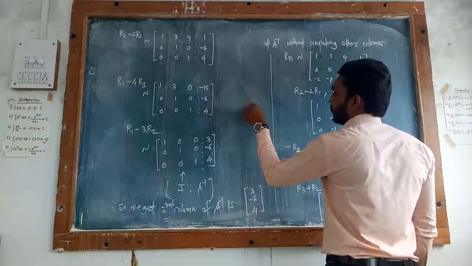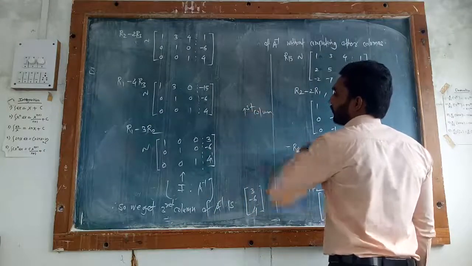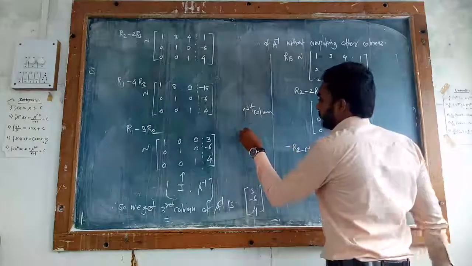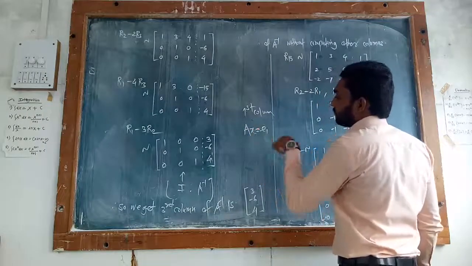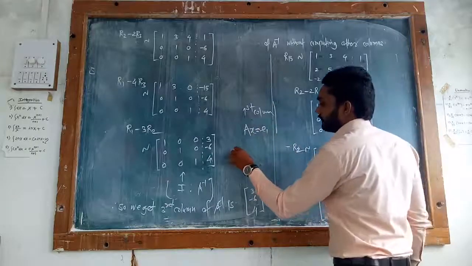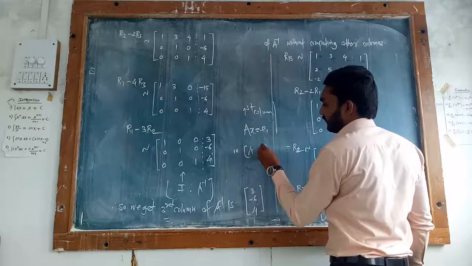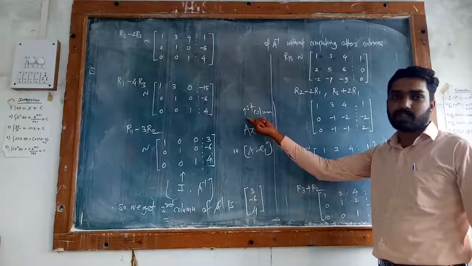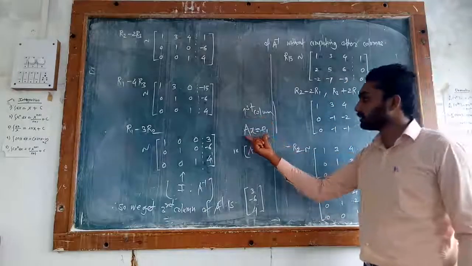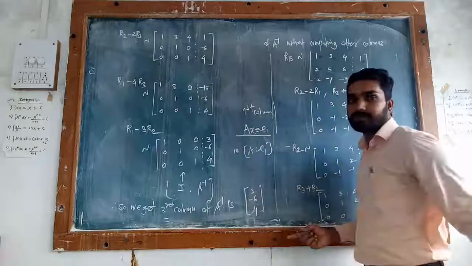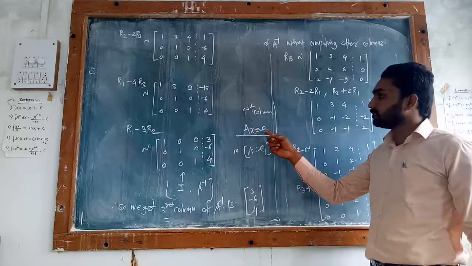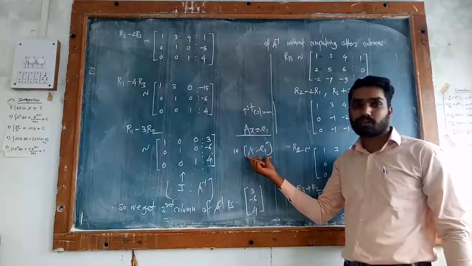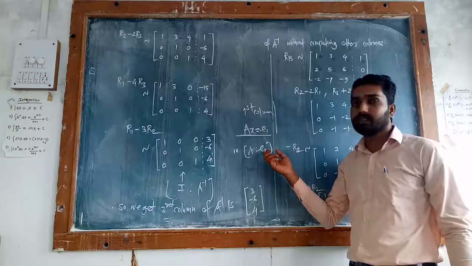If we want to find the first column of the A inverse matrix, the matrix equation becomes A x = E1. We have to find the solution of that equation. That means we have to consider the augmented matrix [A | E1].